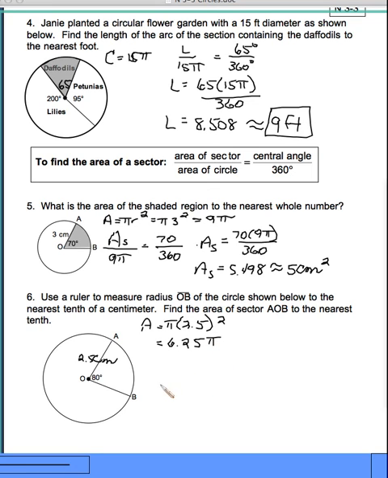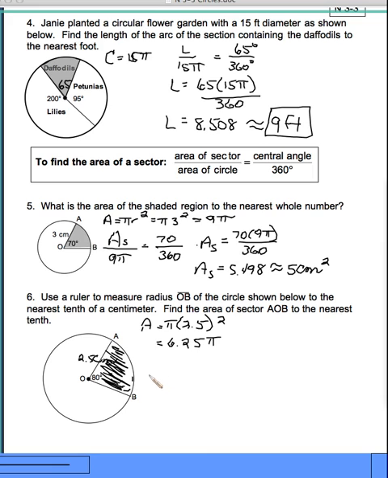They want the area of sector AOB. That means this part right in here, that sector, not this big sector. They could ask for that, but that's not the one they're asking for.